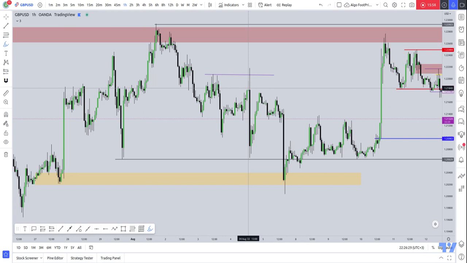So easy. So how do I identify the footprint of the algo? Liquidity. ICT talks about this in, I mean, every video he has posted on YouTube.